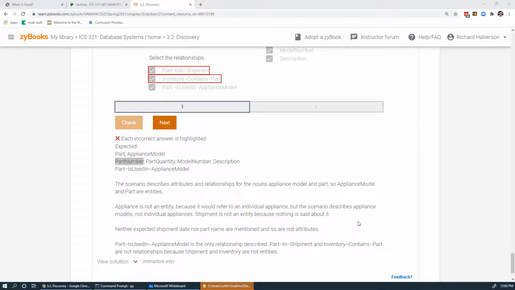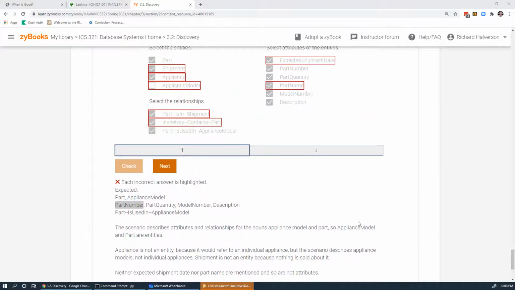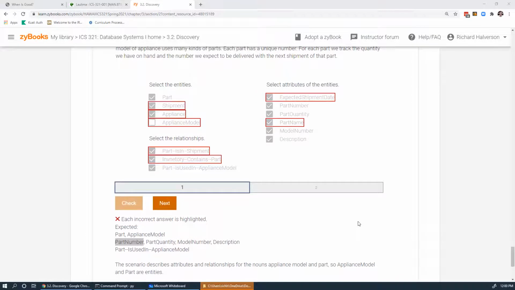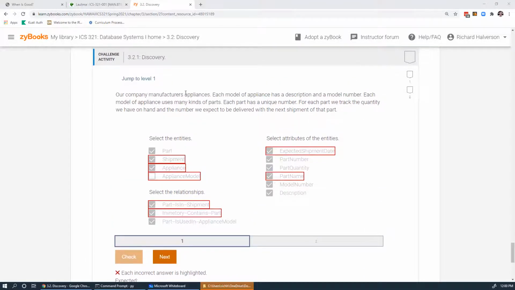In this scenario, it describes attributes and relationships for nouns, appliance model, and part. Oh, I see. This is not a store that sells stuff, that ships appliances. This is a manufacturer of appliances.